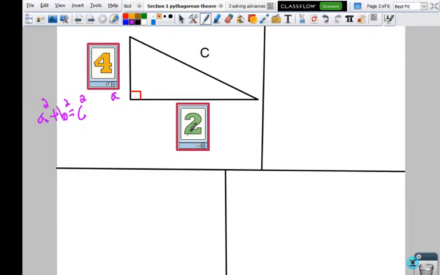It doesn't really matter which is which for legs, as long as C is your hypotenuse. So instead of A, I'm going to go 4 squared, plus B is 2, 2 squared, and it's going to equal C squared. We can find this missing side just by solving for C. 16 plus 4.